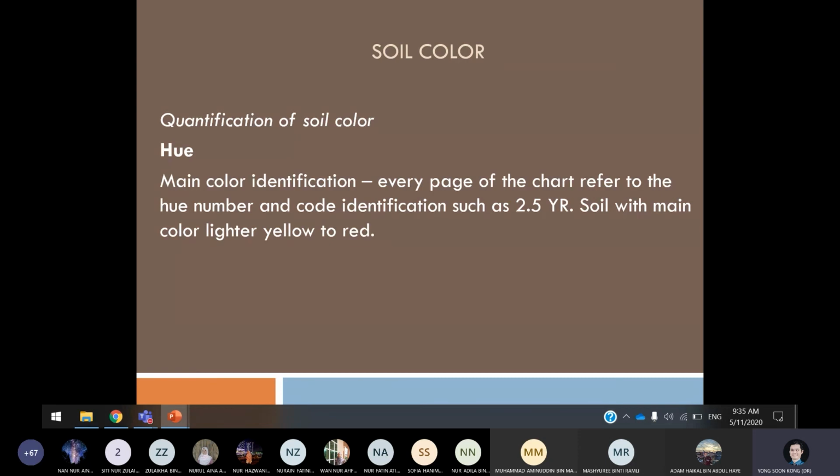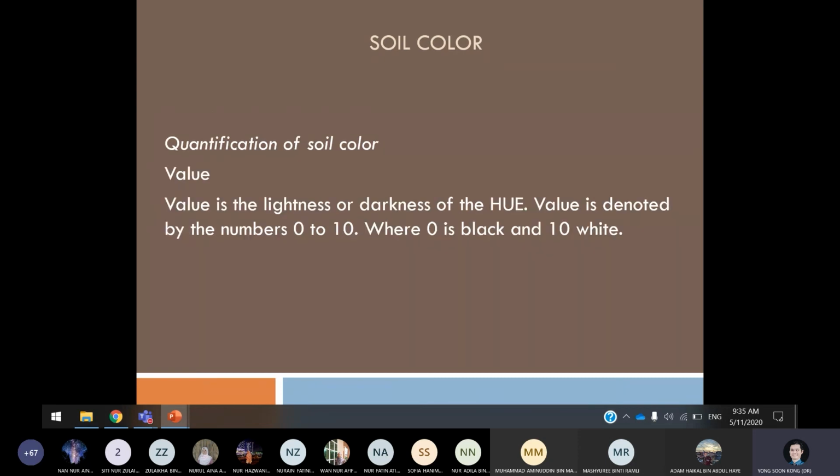So you start with hue. Once you have determined the hue, you stop at one page, for example hue 2.5 YR. Then what's next? You determine the lightness or the darkness of the hue. So it's yellow and red, but sometimes the red or the yellow may be lighter, may be darker.